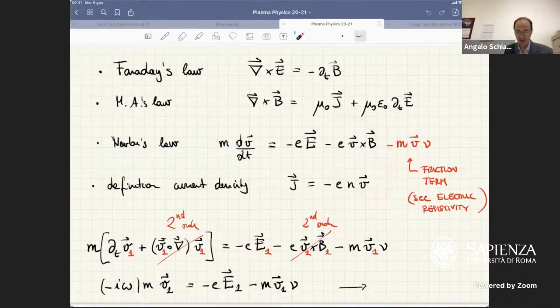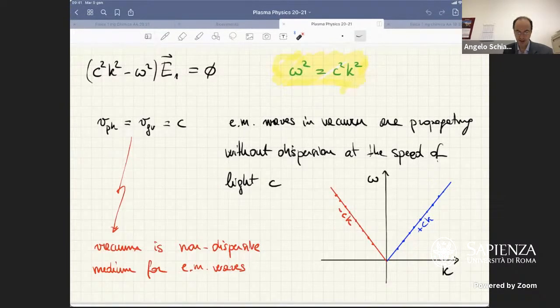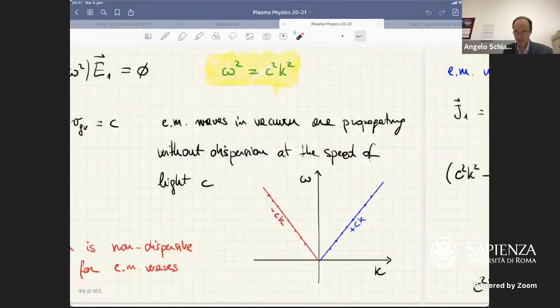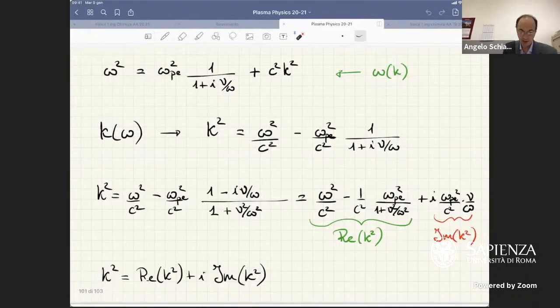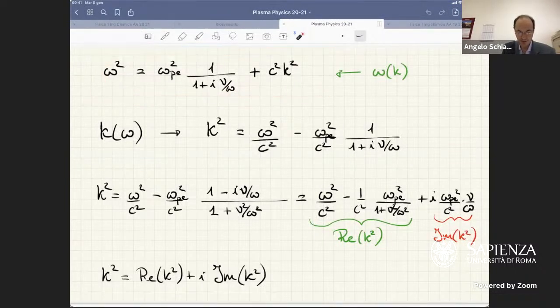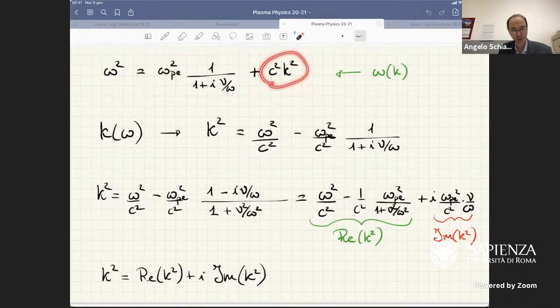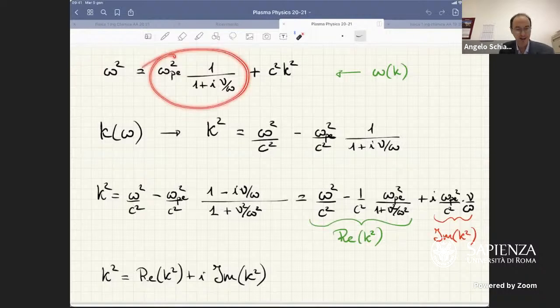Doing the maths, linearizing and moving to complex notation, we arrive at a dispersion relation here, okay? This is the dispersion relation expressed as a function of omega squared, that has two terms. The usual k squared c squared term, which is present in vacuum as well, where c is the speed of light in vacuum. And there's another term which is multiplying the plasma frequency.